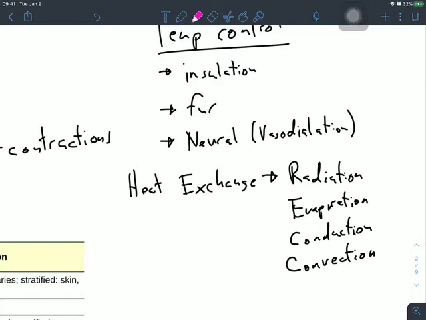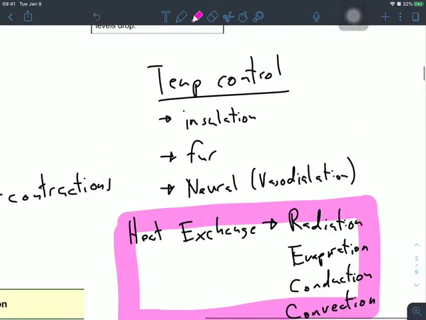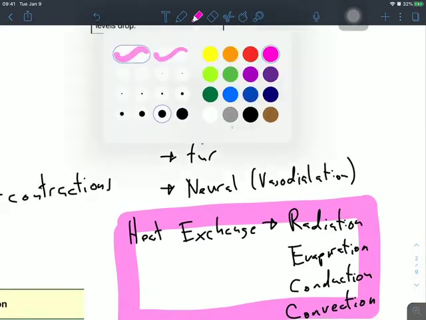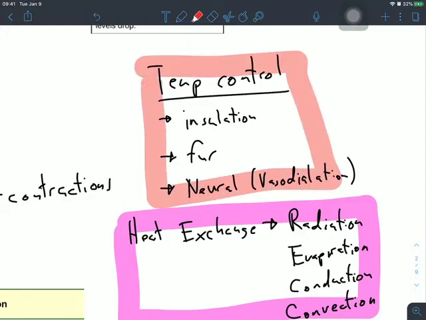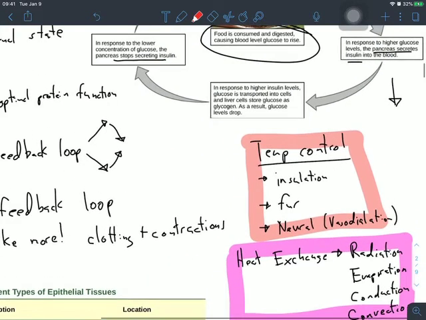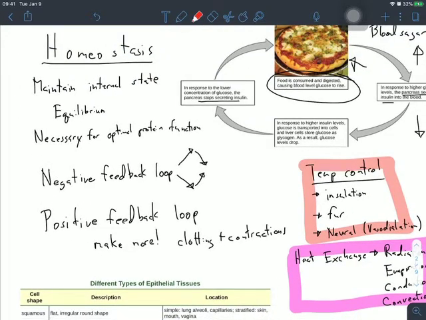Now, ectothermic organisms only have these methods of heat exchange, whereas warm-blooded organisms, or endotherms, can do a lot more temperature control and regulation of their metabolism in order to drive heat up or down.